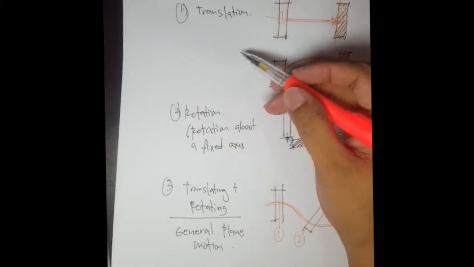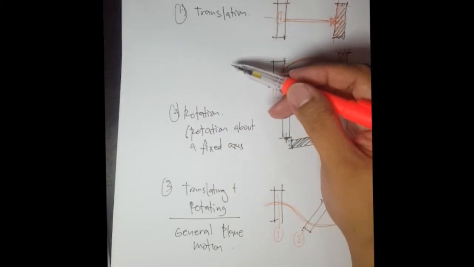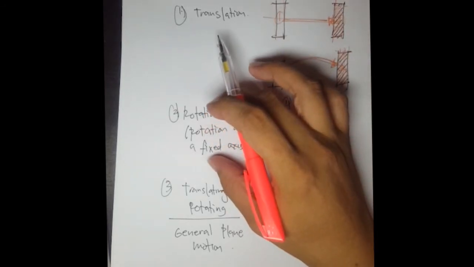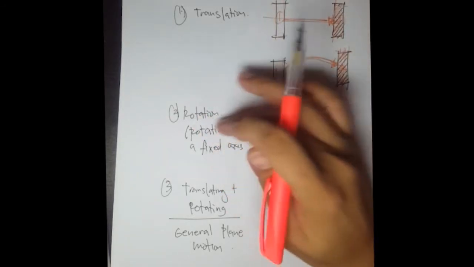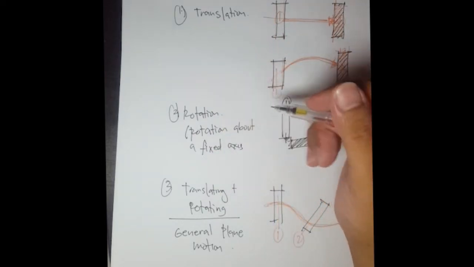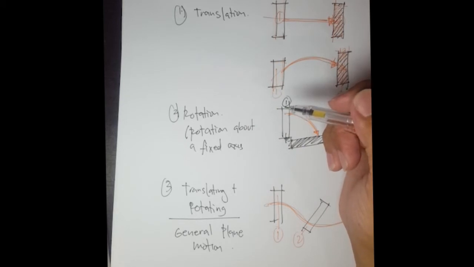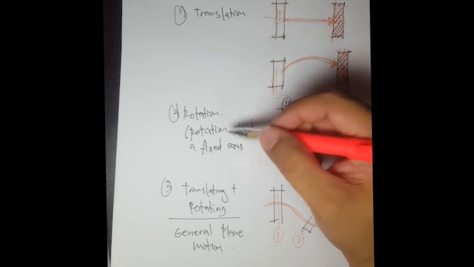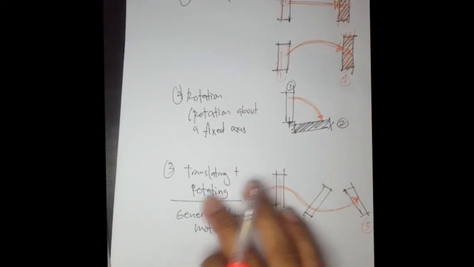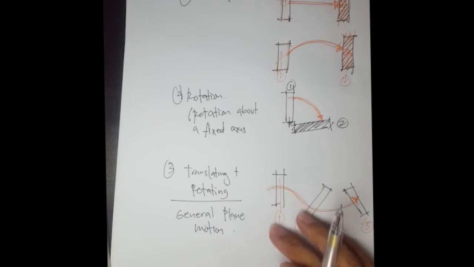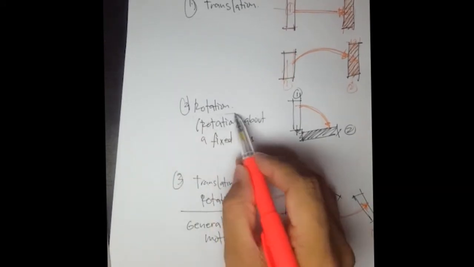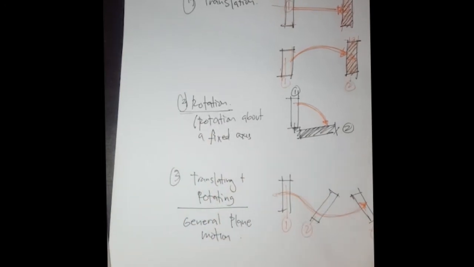In the next discussion we'll focus first on the rotation, and once we build up our skills on rotation about a fixed axis and get used to the units and variables, then we can move on to the translating and rotating aspects, the general plane motions. Right, so let's discuss first the rotation aspects.